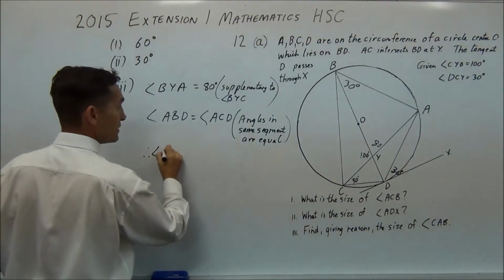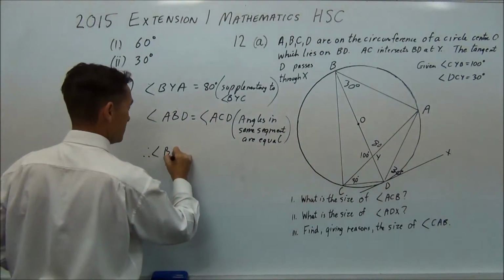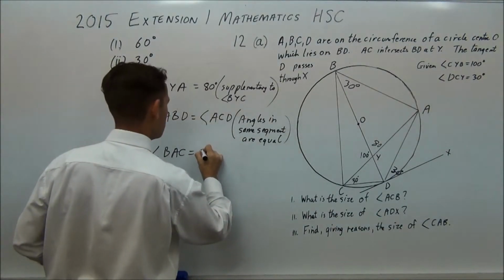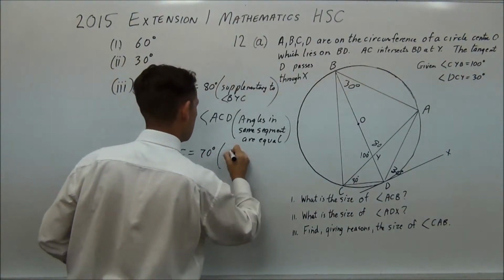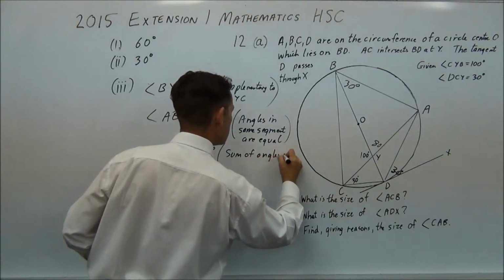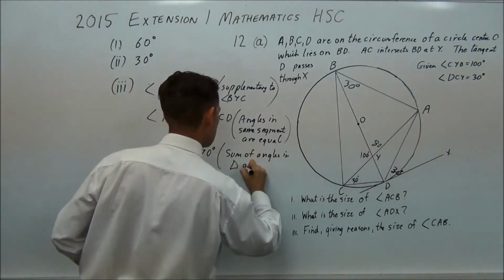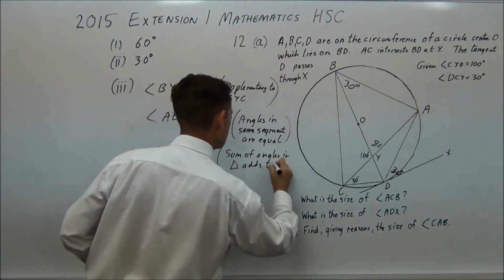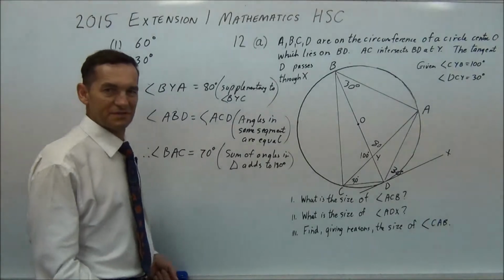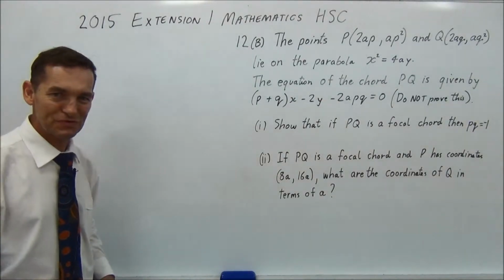So therefore angle BAC equals 70 degrees. Sum of angles in triangle adds to 180 degrees. And you're done.